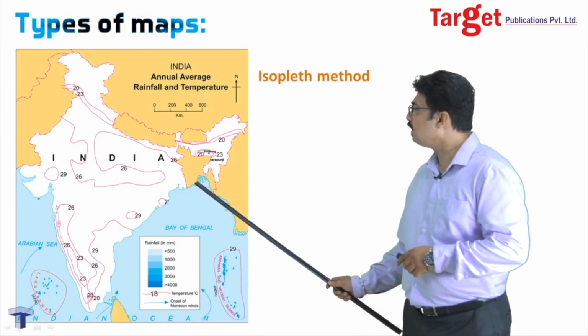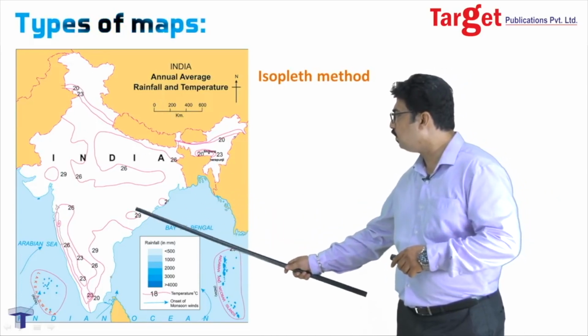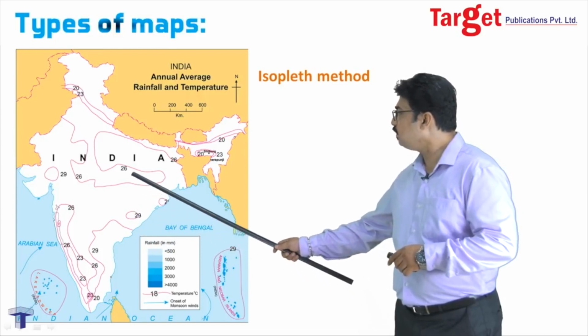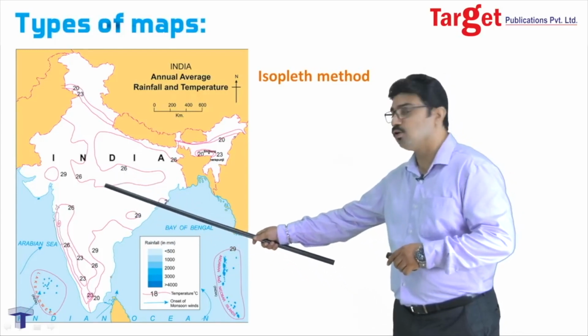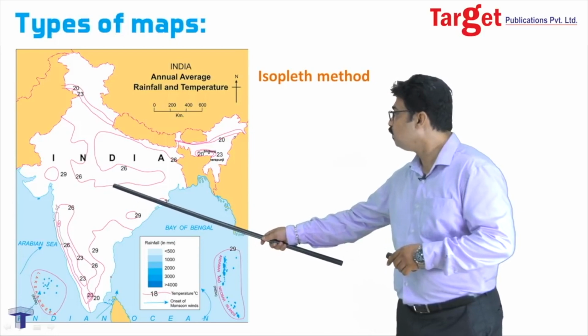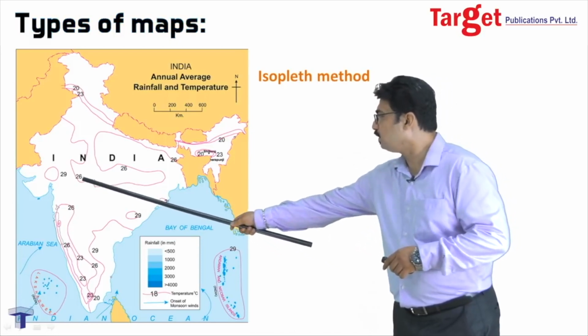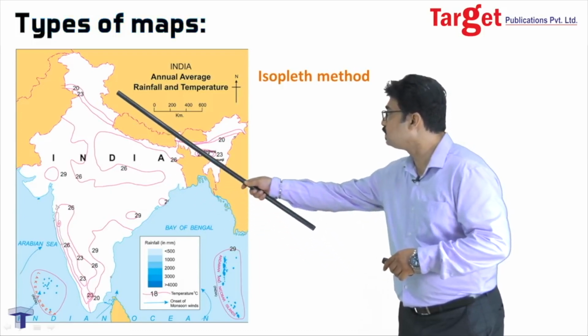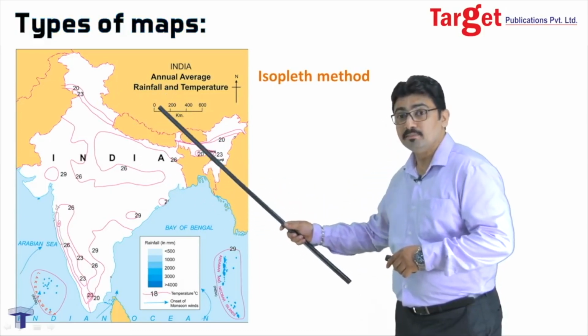If you see, some lines are drawn in this map, right? Also, if you observe, each line is denoted by some magnitude or some value. For example, we see 26 beside this line, we see 29 beside this small circular line, we see 20 beside this line, right? So, numbers are associated.